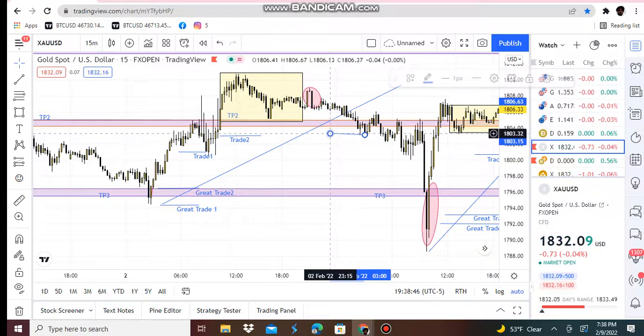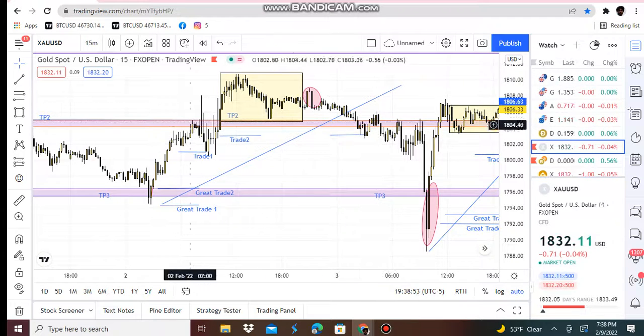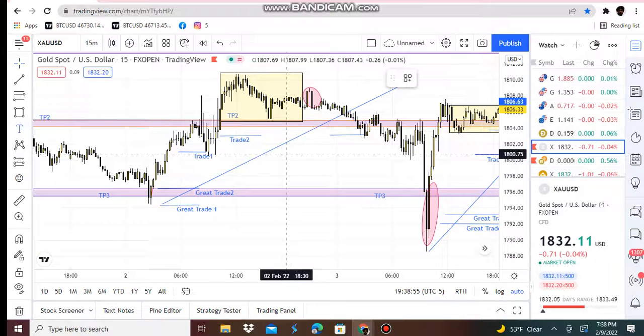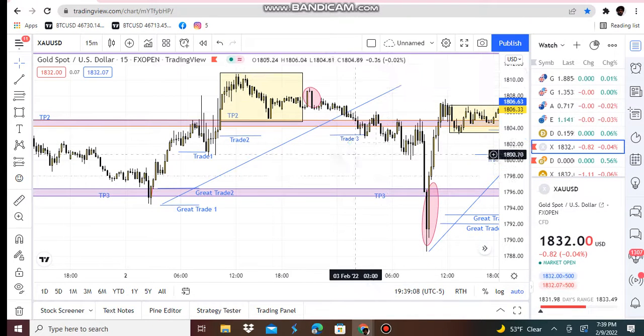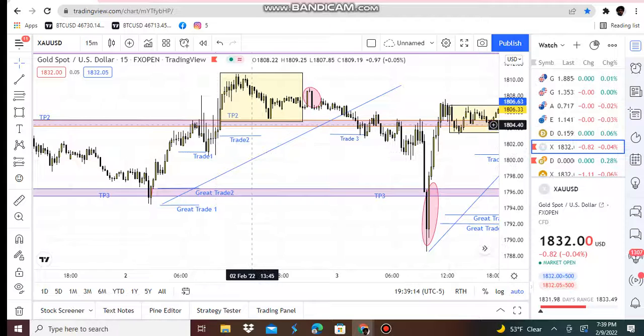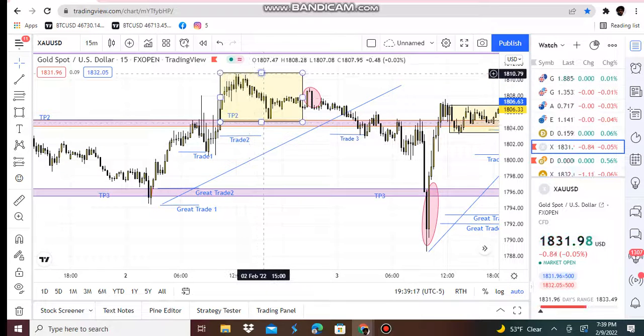But you could have gotten in over here after price was heading back down, and you thought price was heading back up, because you see price heading back up. You could have got in for a trade three right here. Obviously, trade one and trade two, and you could have got in at 1810.